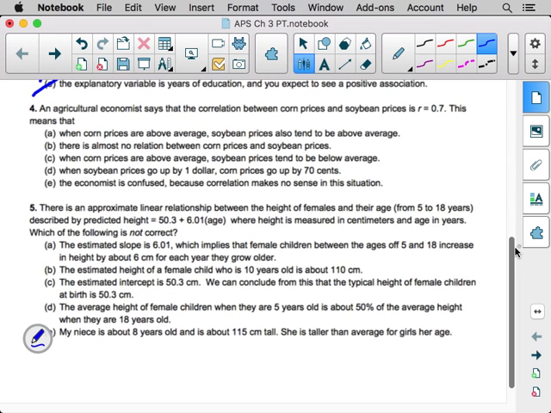If corn prices are high, wouldn't soybean prices also be high if there's a positive association here? Does everybody see that? A positive association. So when corn prices are high, we would also expect soybean prices to be high as well. I haven't phrased it that way before, but actually A sounds reasonable to me. Okay. Just because A sounds reasonable doesn't mean I stop.